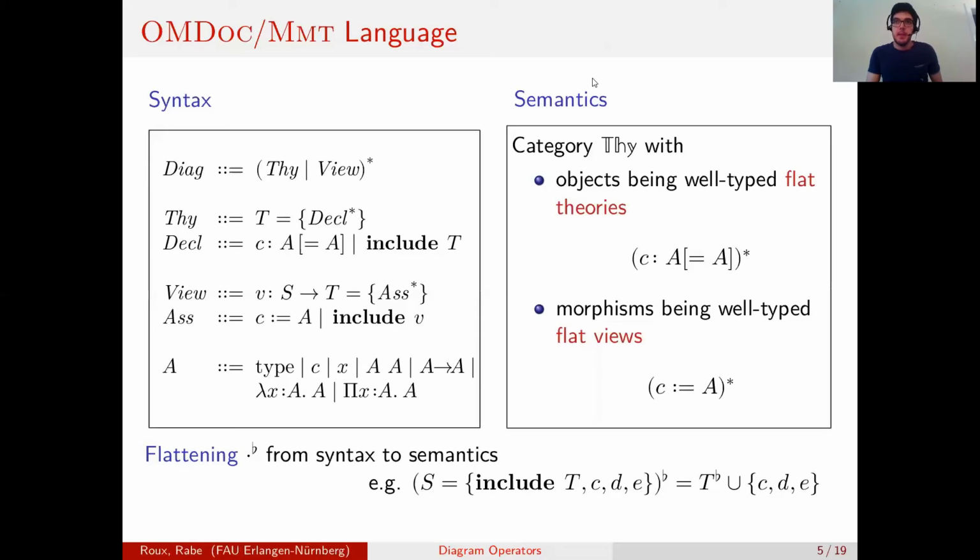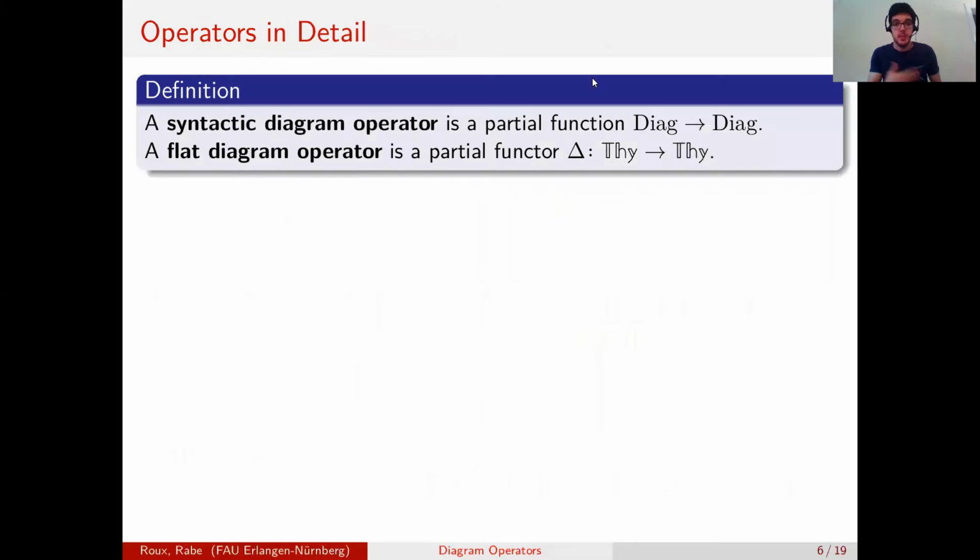Good. So that's the syntax and semantics. Let's define what we mean by operators. A syntactic diagram operator is just a partial function from the set of diagrams to the set of diagrams. And a flat diagram operator is a partial functor from Φ to Φ, whereby by partialness, I mean being defined on a subcategory.